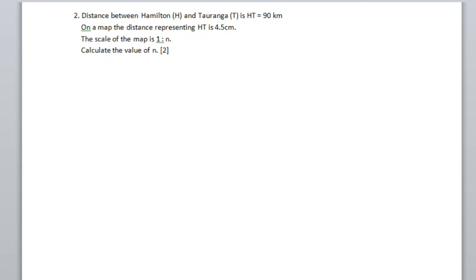The distance between Hamilton and Taronga is 90 kilometers. On a map, the distance represented by HT is 4.5 centimeters. The scale of the map is 1:n. Calculate the value of n. Again, we have a ratio in the form 4.5 centimeters ratio 90 kilometers.